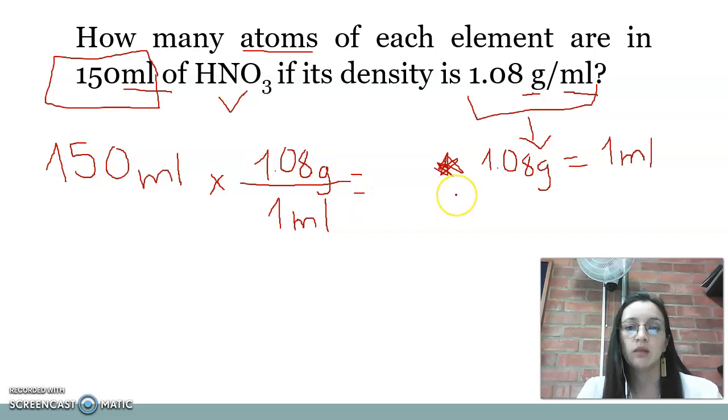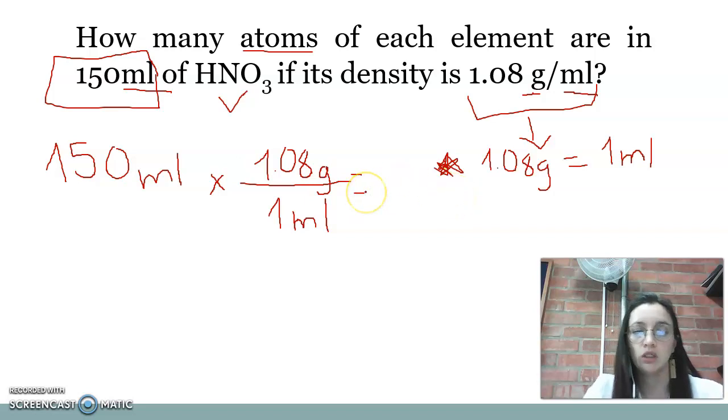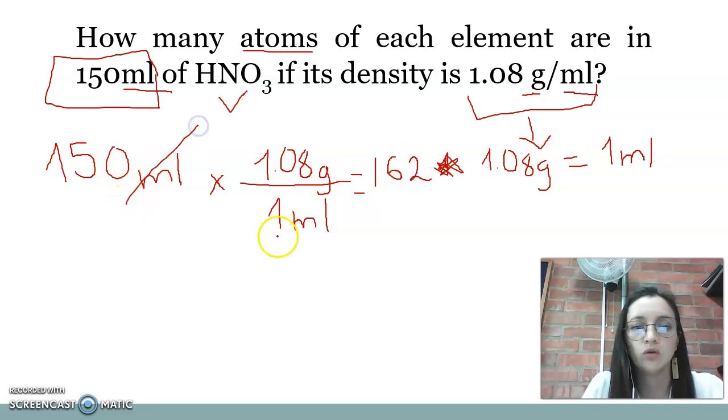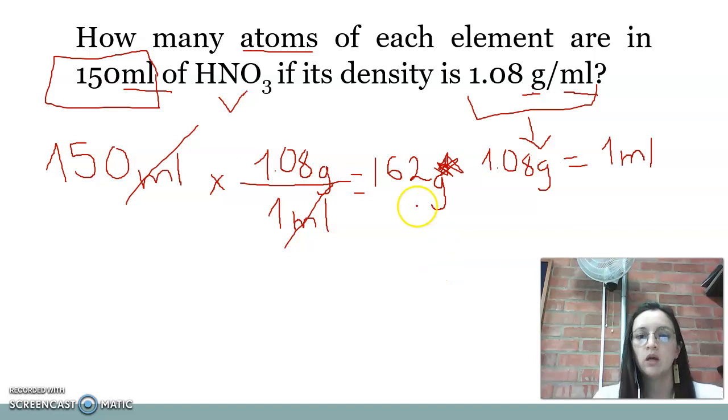Just make sure that you keep the numbers with the units. Okay, so if I do that multiplication, 150 times 1.08 is going to be 162. Make sure that you show how you are canceling the units and getting the new units, which in this case is grams. Okay, now I have 162 grams.